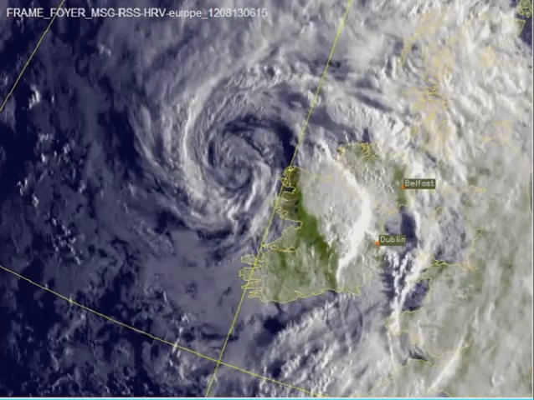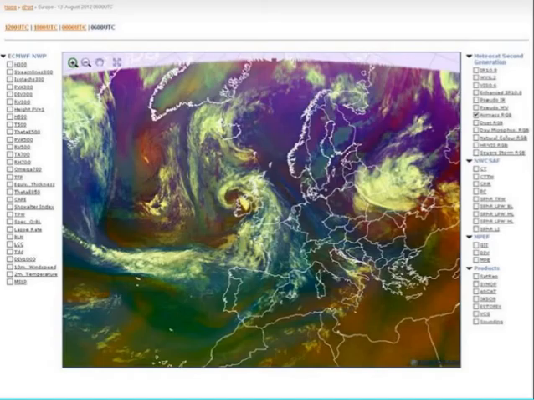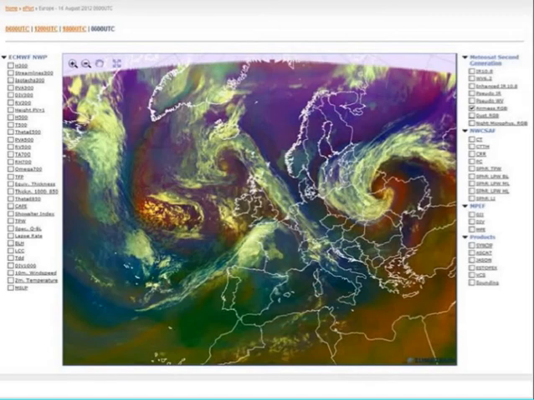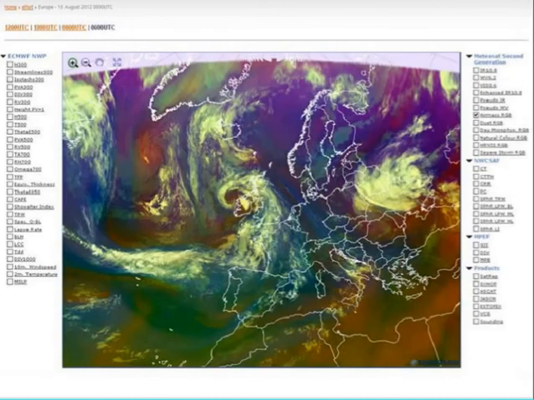I can't help it. So now we move back to our bigger view, and what we would like to see is the situation over Northeast Europe.